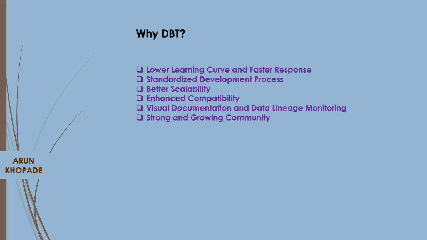DBT continuously contributes improvements and provides best practices. It also provides ongoing support and updates regarding new releases. So this is a strongly recommended tool in the market that we could use in our application development.